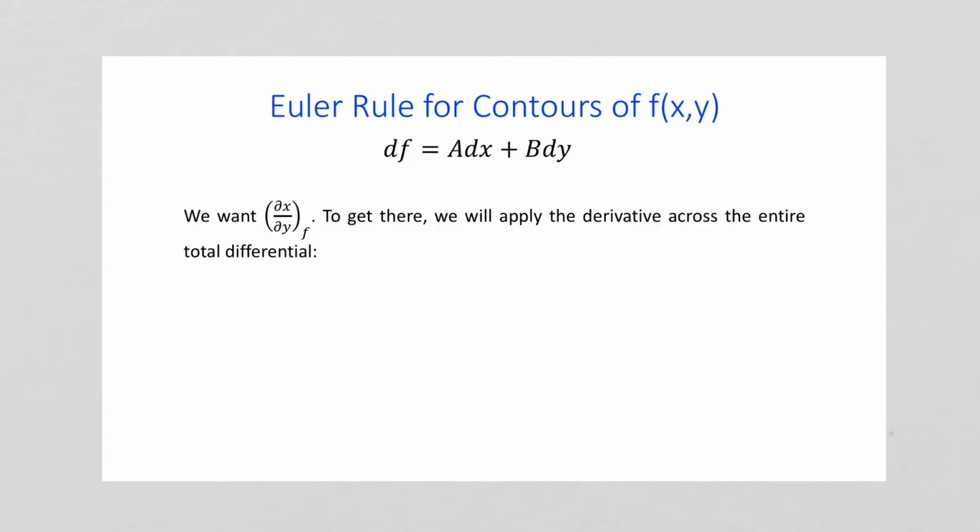So again, we're looking at a total differential of the form df equals a dx plus b dy, and we said we want dx dy at constant f. To get there, we're going to apply the derivative across the entire total differential. This is similar to what we did in the total differential for enthalpy video.